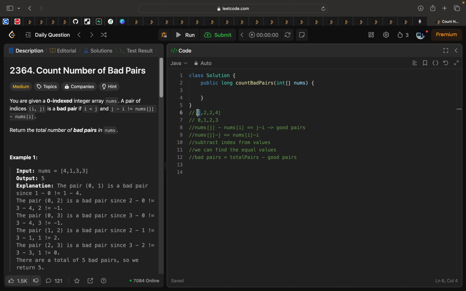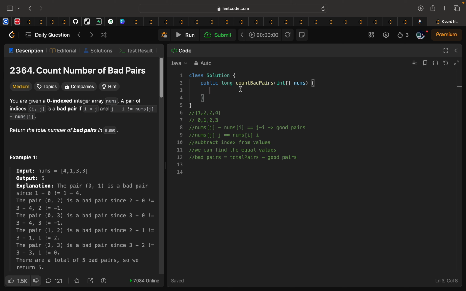For example, we have one value here and we can store this value in a map, and then we calculate this value for the next element. We see that this value is 1 and we look in our map whether this value is present or not. If it's present, we can increase the count, since we have found a pair. So now in total we have two values with 1, and when we reach here we see the difference is 1, and we check in our hash map that two values have the value one, so we can increase the count.